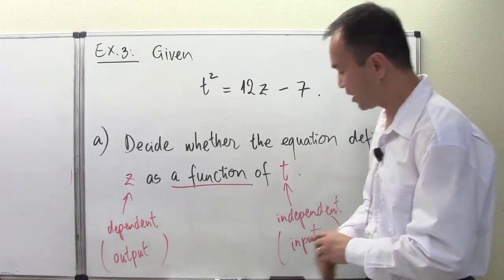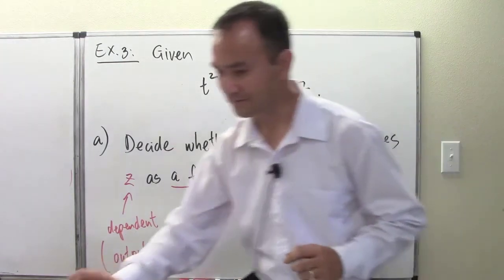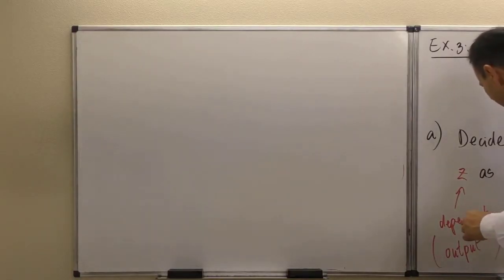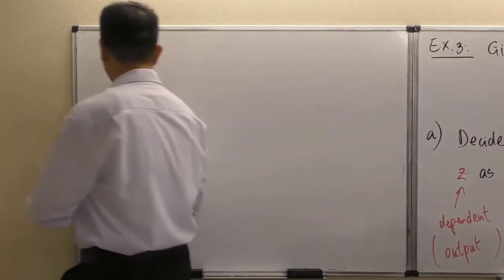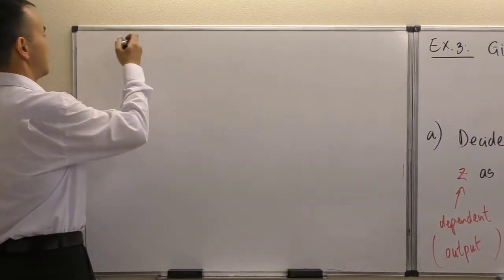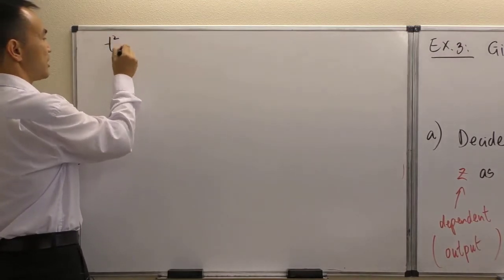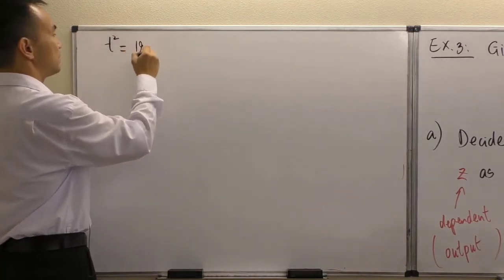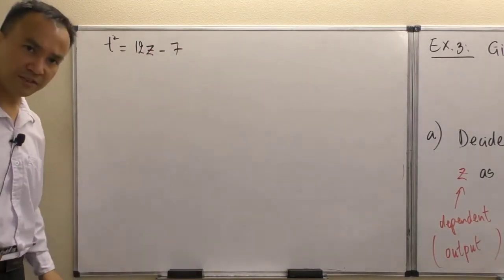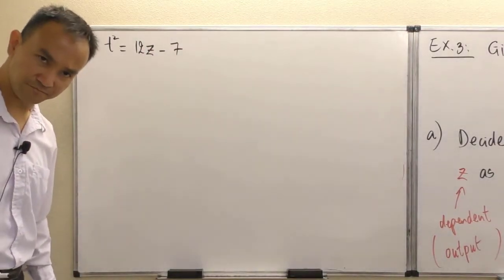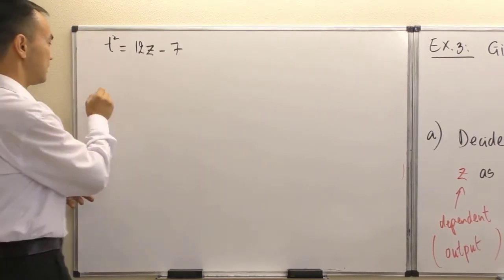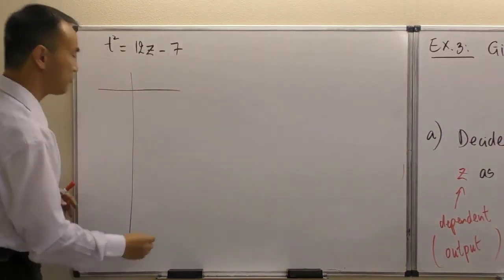Now on my other board space right here, let's just remind ourselves that the equation is t squared equals 12z minus 7. Even though we haven't started a table, it's always a good idea to start out with a table. This time I'm going to draw a table as follows.